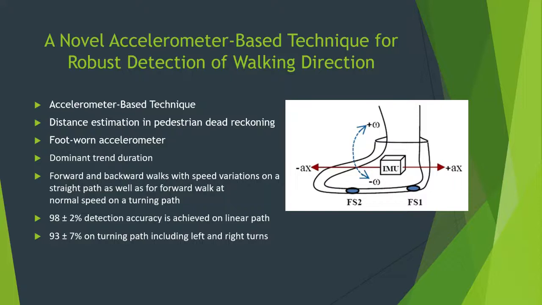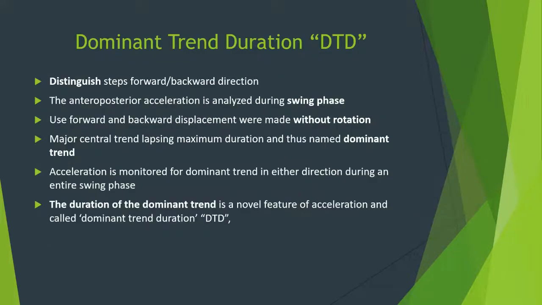They tested forward and backward walks with speed variation on a straight path, as well as forward walk at normal speed on a turning path. The results show that 98% detection accuracy is achieved on the linear path and 93% on the turning path, including left and right turns.